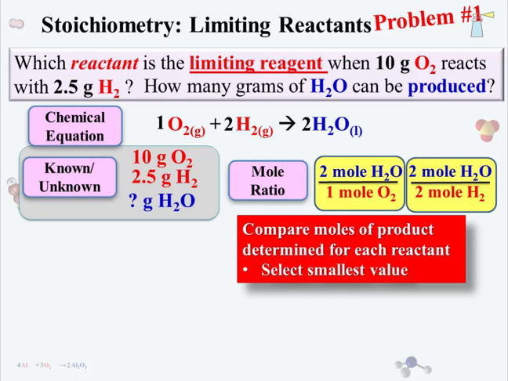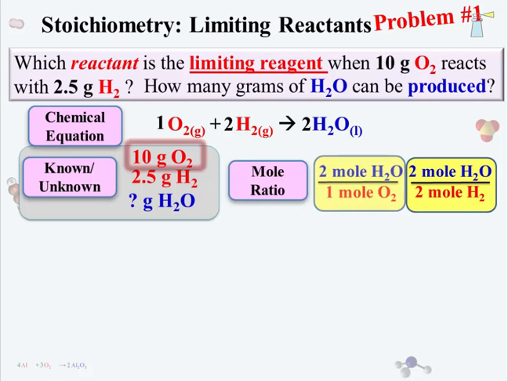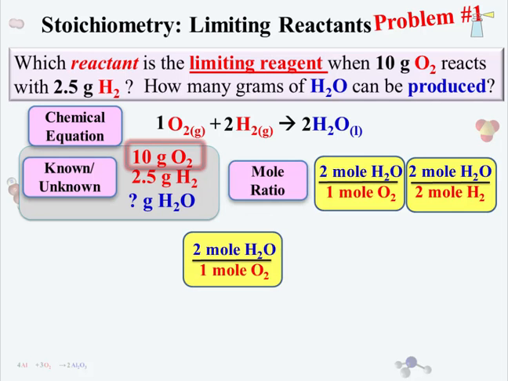This is where the stoichiometry solution equation will come in. Starting with the given value of oxygen and its mole ratio, that mole ratio is placed in the center of its solution equation. Be sure moles of oxygen are in the denominator.